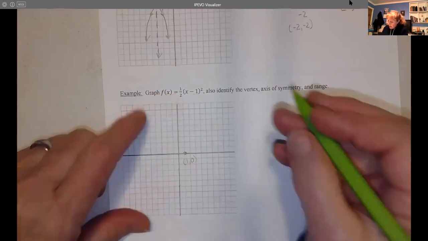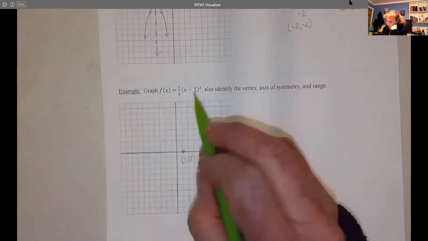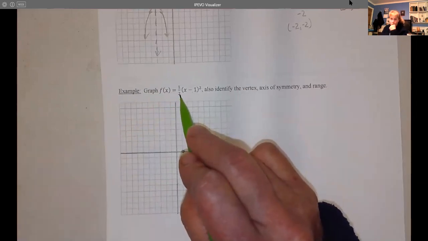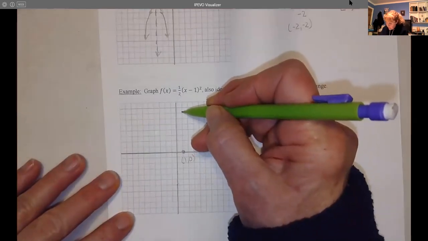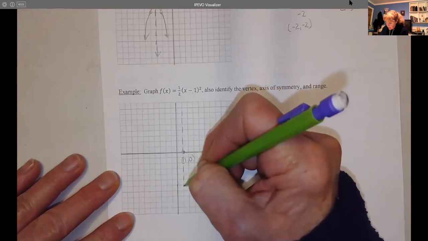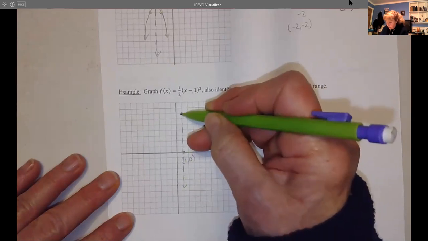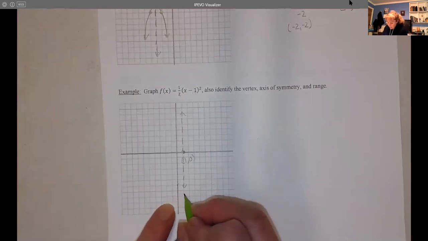So let's go ahead and plot a point. Let's pick an x. We want something that we can divide by 2. Let's put our axis of symmetry in before we pick that, because we want to pick a number just to the right or to the left. So our axis of symmetry is x equals 1.